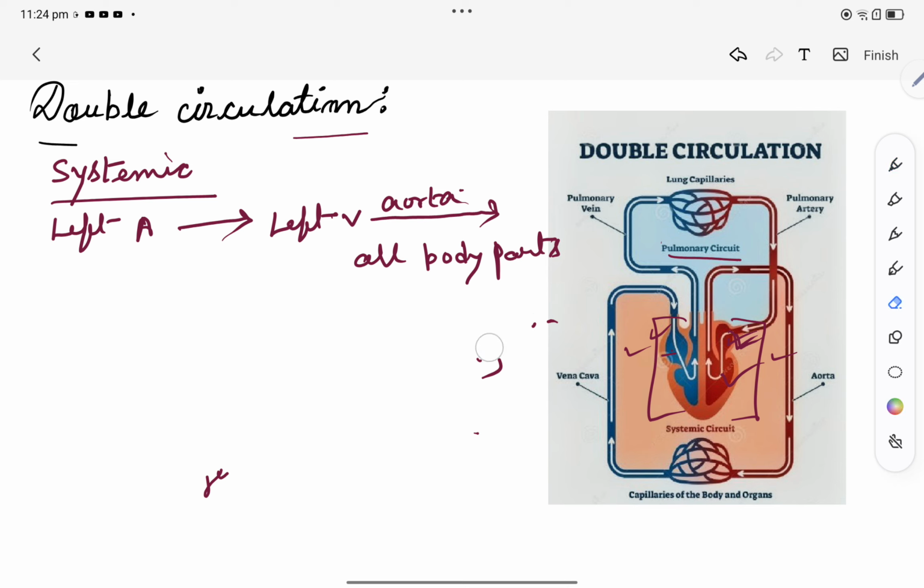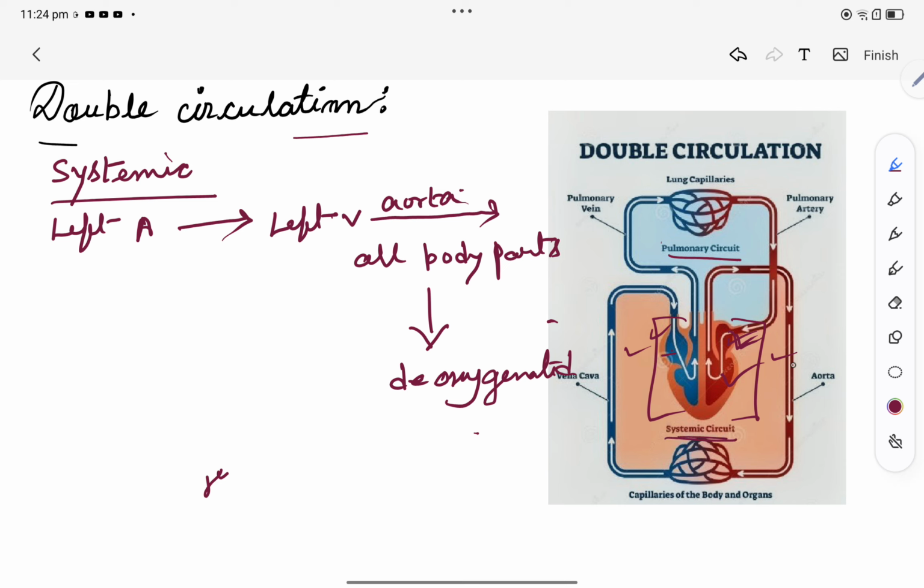Now in the body parts, the oxygen will be used, and the blood will again become deoxygenated, right? This is the systemic circuit.